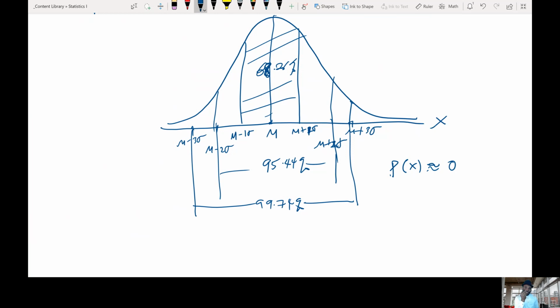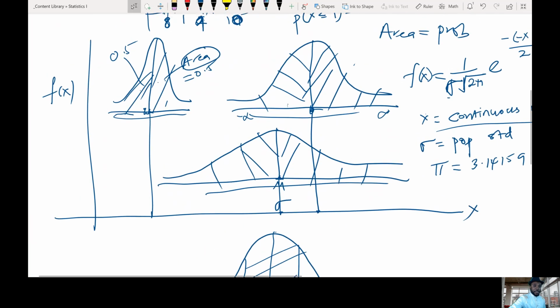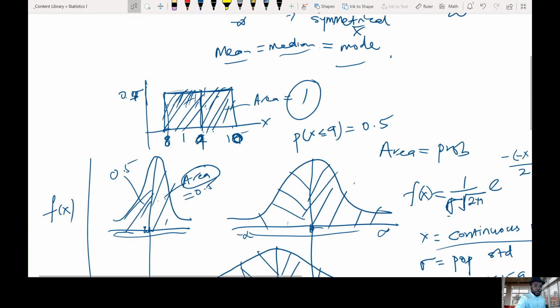Why is that the case? Think about this. Let's come back to this example here.